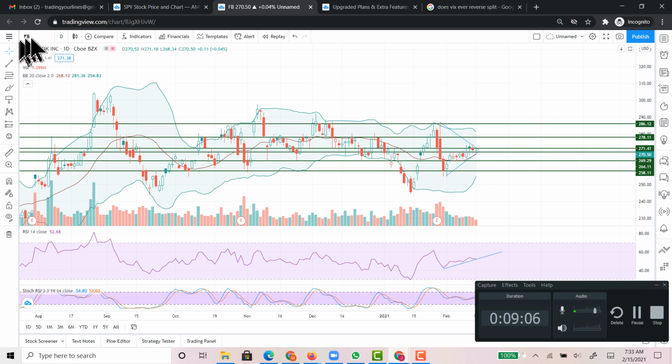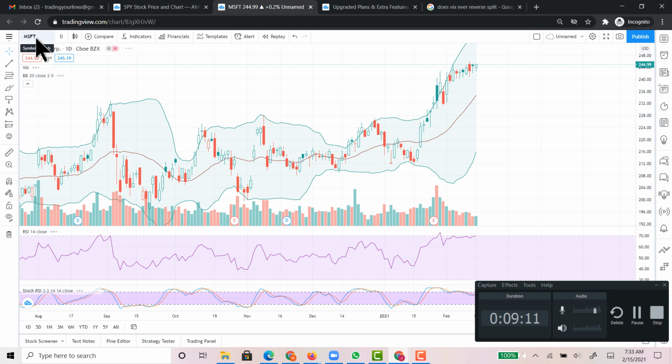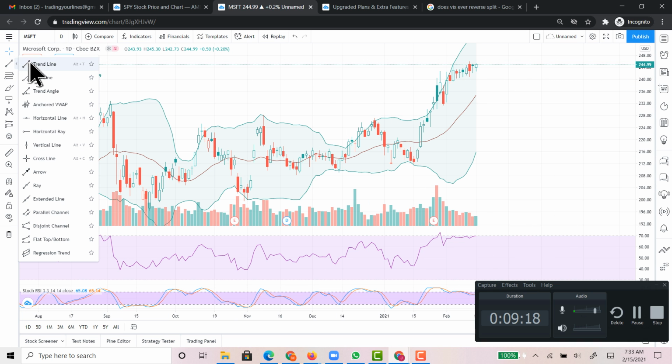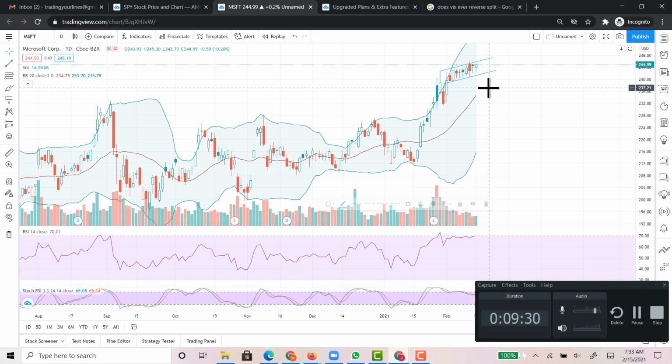Next one we are going to look at is Microsoft, and Microsoft is making a nice flag, where a break on either side will be huge. You can very well see it's a very nice flagging pattern on the daily. So anytime we are below this line, which is around 241.50, we are going to see a sharp move down to 235.